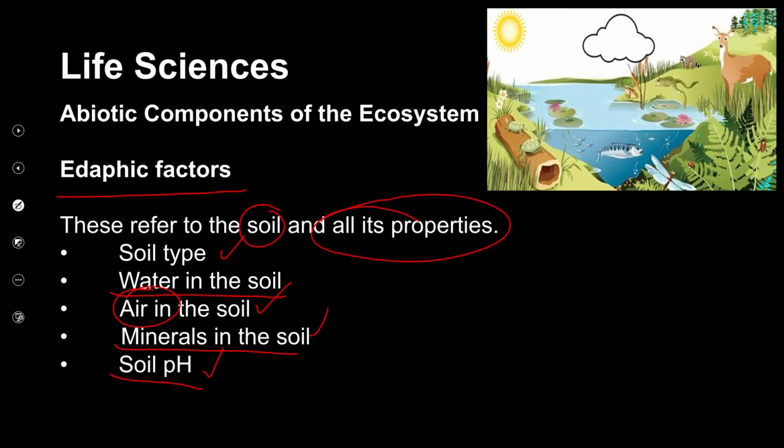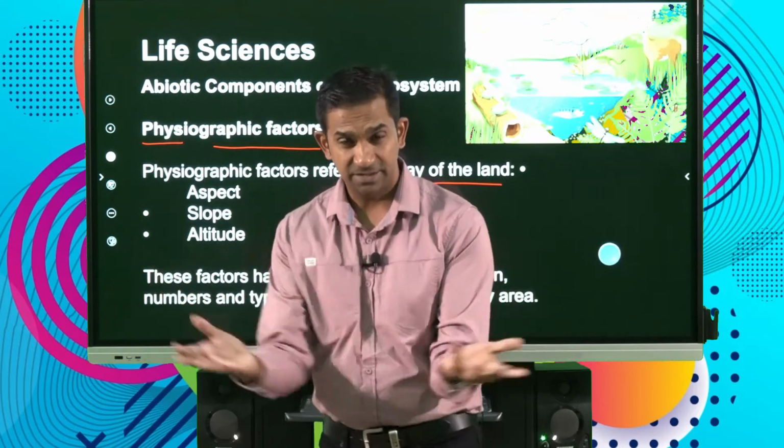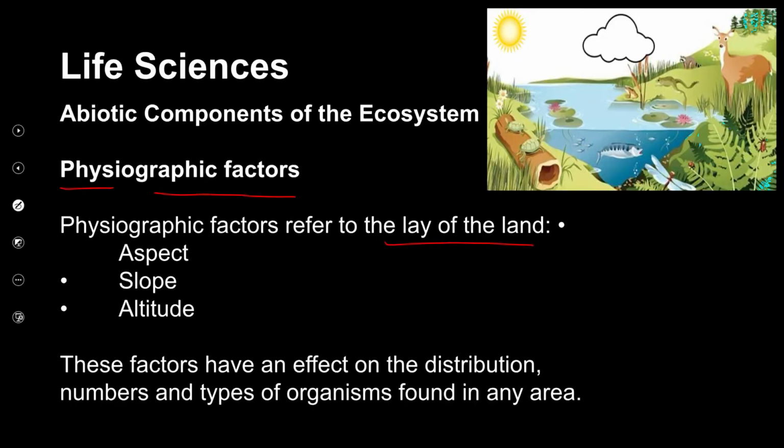And finally, we have the physiographic factors, and the physiographic factors actually refer to the lay of the land. So when we talk about the lay of the land, we refer to the type of land, its situation geographically. This is in context of the aspect. An aspect would be the amount of light that the area receives, and then the slope in terms of the terrain.